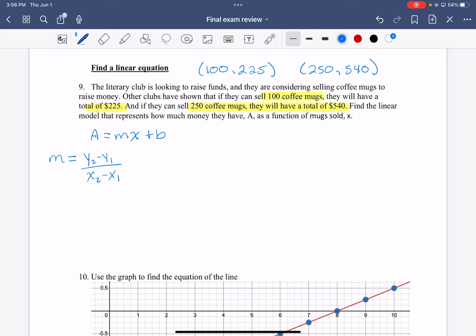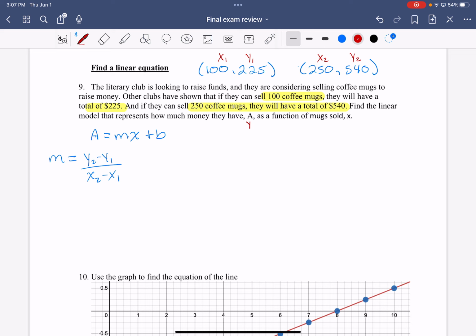Well, necessarily our X1 would be 250 and our Y1 would be 540. Yeah, that's fine. But it doesn't specifically say Y is the money. Remember, Y is the same thing as A in this case.